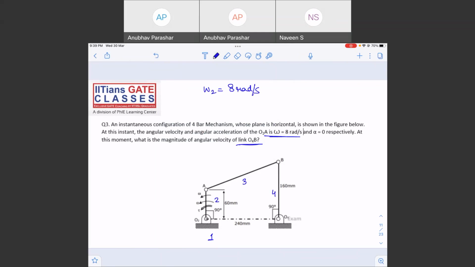And what you need to find out is the magnitude of angular velocity of O4B, that is omega 4. Very simple, right? So we have to find out I24. We have already seen how to find out I24.